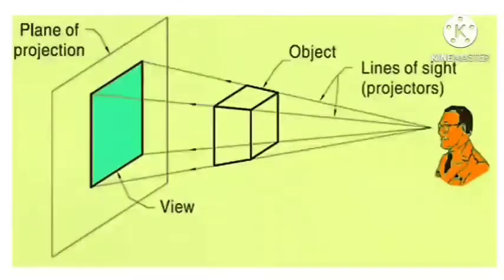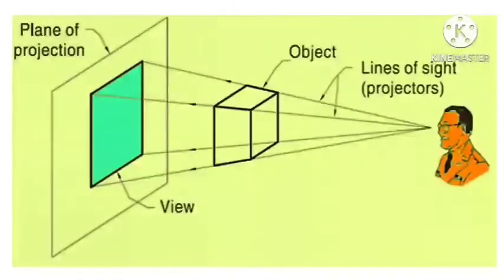Yeah, it's not possible, because when you place an object in front of the light source, the light rays will track the edges and corners of the object, and because of that the shadow of the object will fall on the vertical wall. That vertical wall is considered the plane of projection.